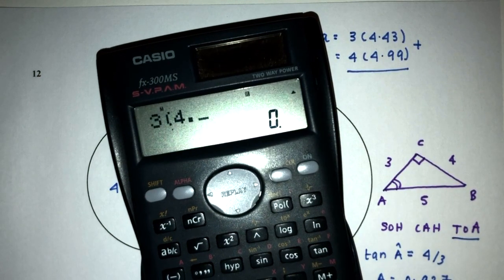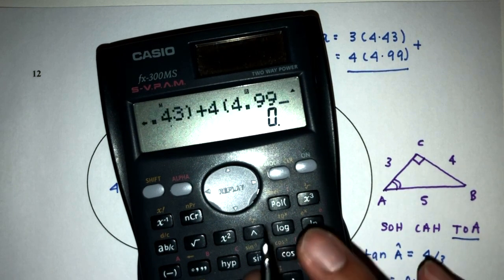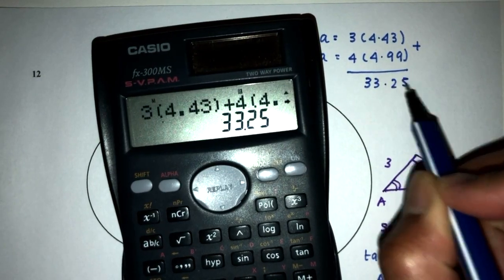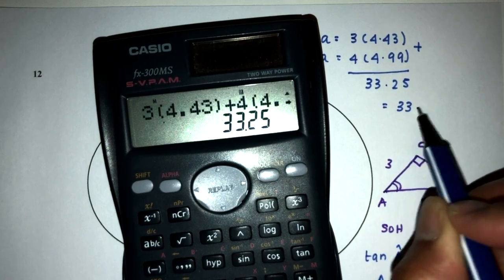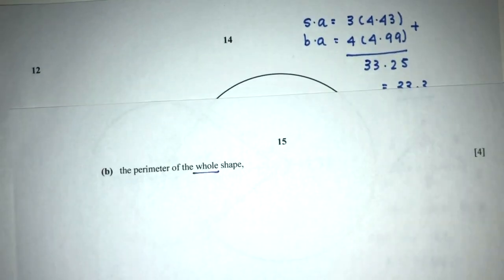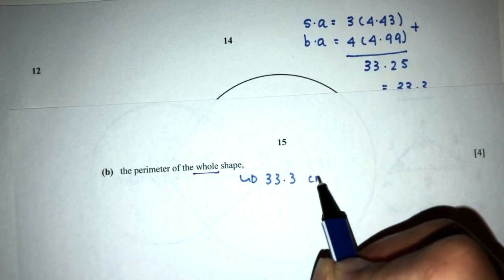So 3 times 4.43 plus 4 times 4.99. That will be 33.29. So 3SF, 33.3 as your answer. So the perimeter will be 33.3 centimeters.